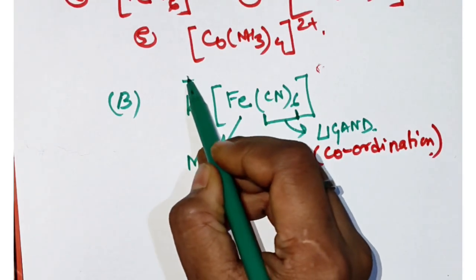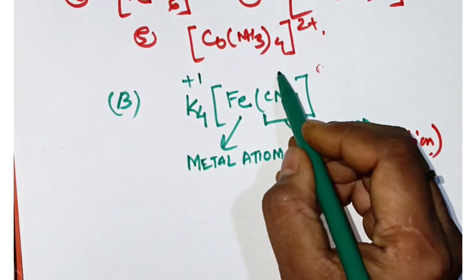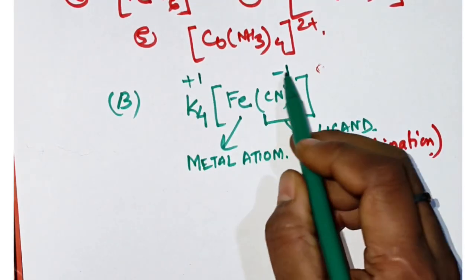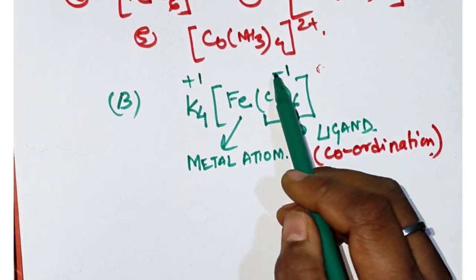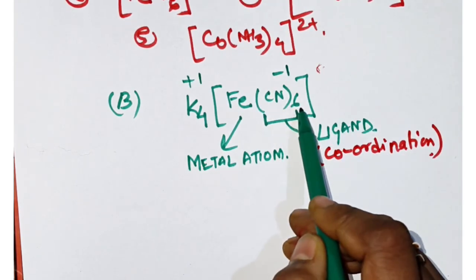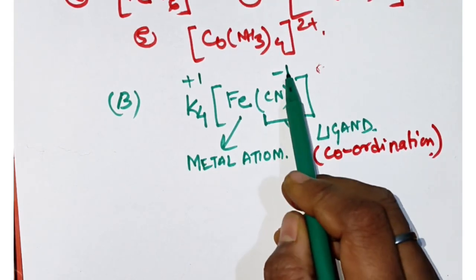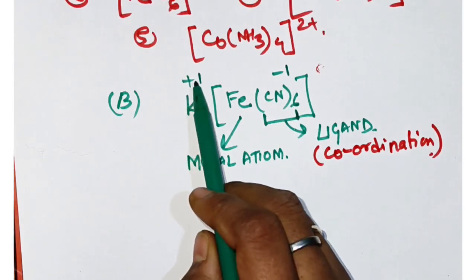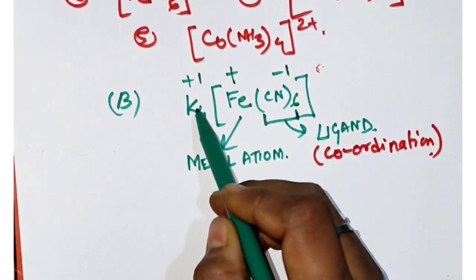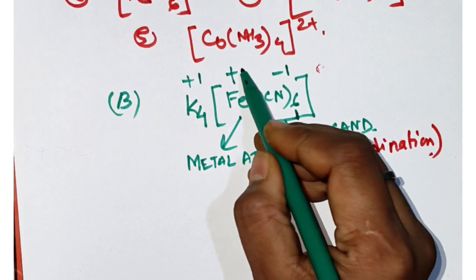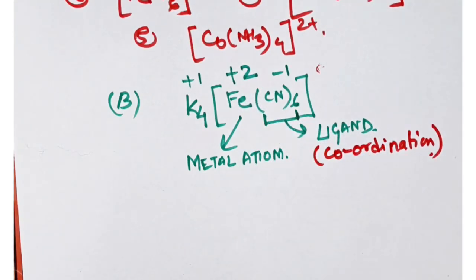So here, we know potassium is +1. Cyanide is -1, it takes up one electron easily. So the total is -6 from cyanide and +1 from each potassium, so it should be +4, and so iron is in the +2 state here.